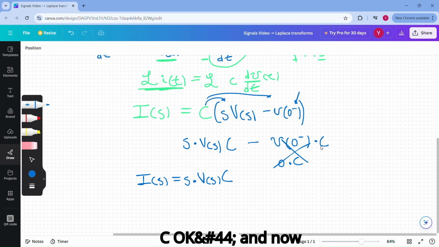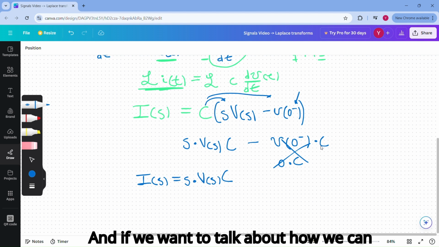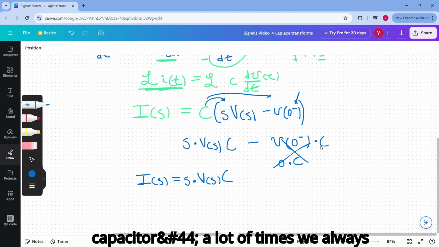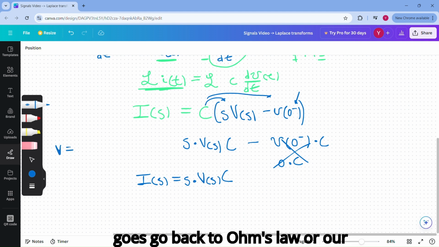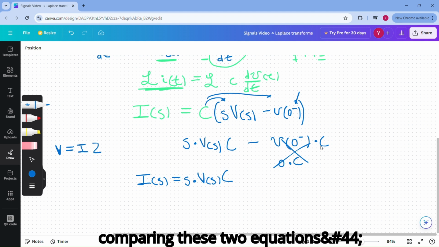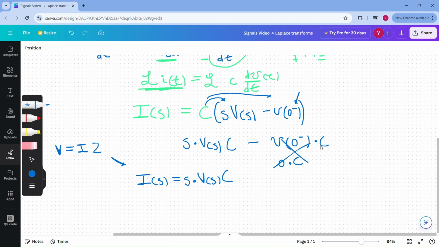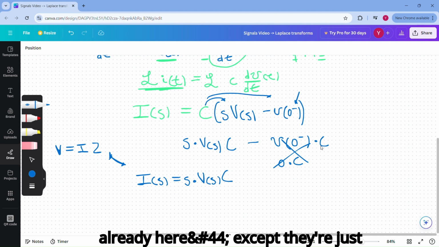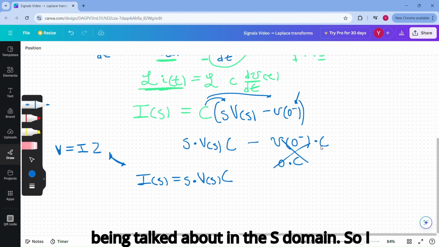Okay, and now we're almost done here. If we want to describe the behavior of the capacitor, a lot of times we go back to Ohm's law or our variation of Ohm's law. Comparing these two equations, I have two of those same components already here, except they're just being discussed in the S domain.